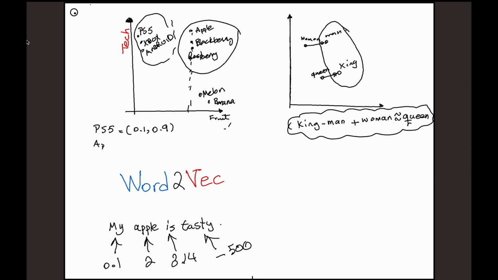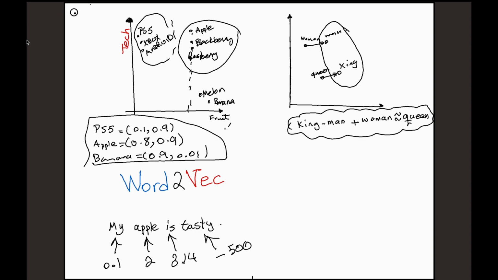Probably Apple is represented as 0.8 fruit and 0.9 tech, and probably banana is mainly fruit, so it's like 0.9 fruit and almost nothing tech, let's say 0.01 tech. So this representation can be very handy when you're dealing with text and you want to feed it in your network.